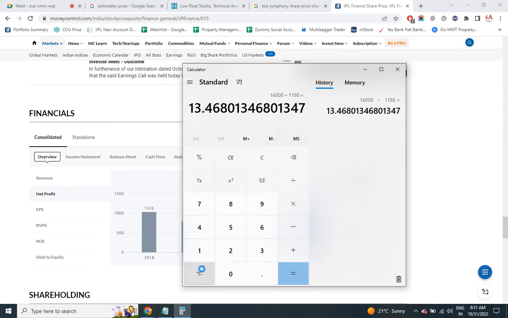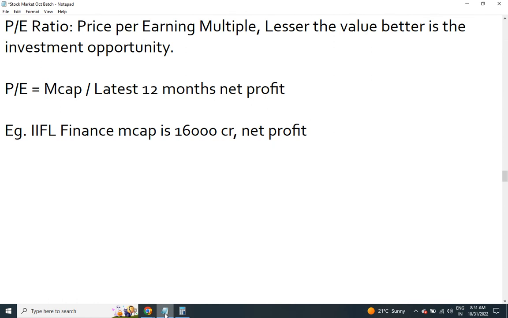That is just 13.5. I'm taking round figures. So PE ratio is equal to 16,000 divided by 1188, which equals 13.5.